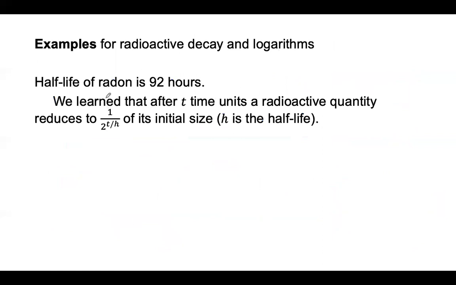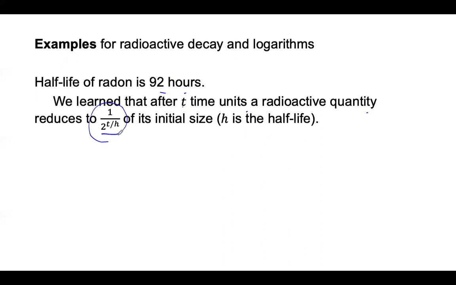So, to review what we just did for radioactive decay, the half-life for radon is 92 hours. And we just learned that after T time units, a radioactive quantity reduces to 1/2 to the power T over H of its initial size, where H is that half-life.